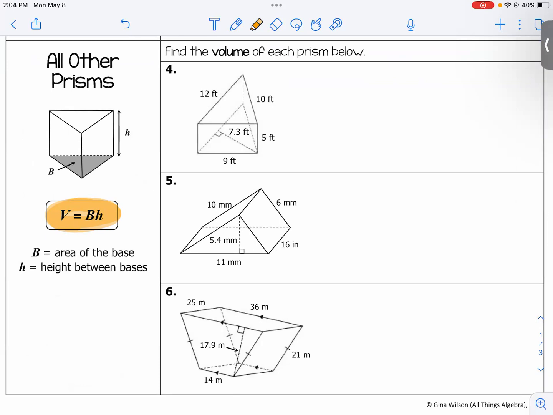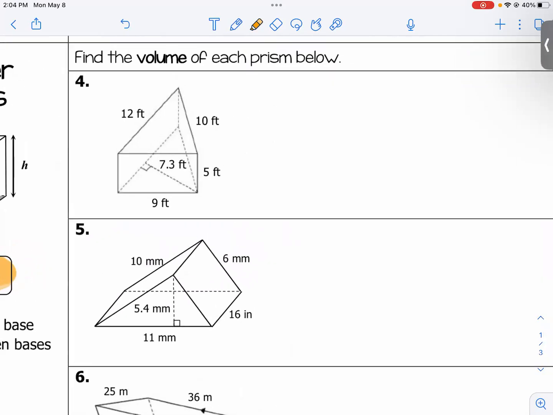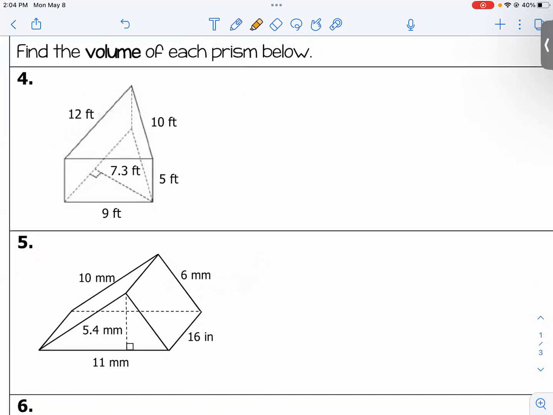And then rectangles connect them. And that's how we get the height. All right. So in this prism in number 4, what is our base? How about like what shape? We have a triangle. Okay. Wow.